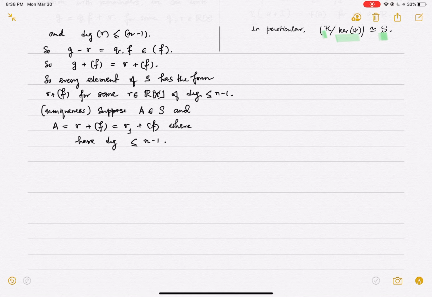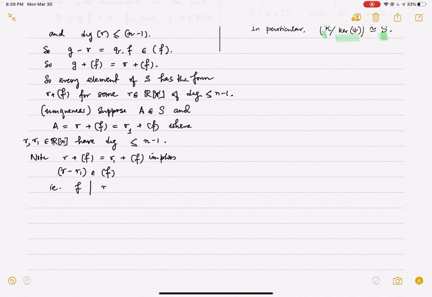So R and R1 live in R[x], right? And this is fairly straightforward. R plus F equals R1 plus F, note that this implies R minus R1 is in F. Two things have the same coset if and only if they are congruent mod the ideal, which means that the difference is in the ideal, i.e. F divides R minus R1.